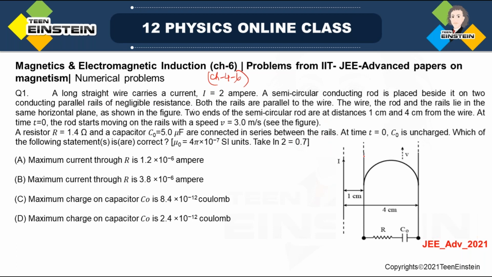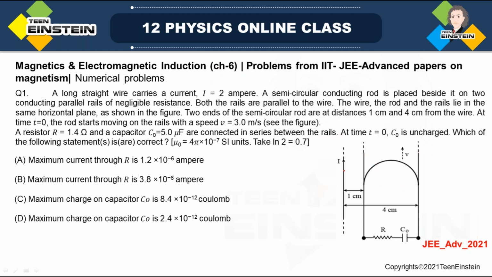So these are rails. This is one rail and this is another rail, on which a semicircular conducting rod is kept. And rail means, you know, this is movable, so this can be moved this way or this way. Okay, so this is the situation here.